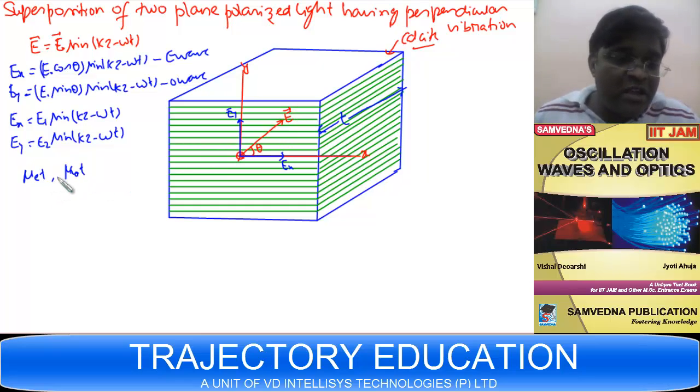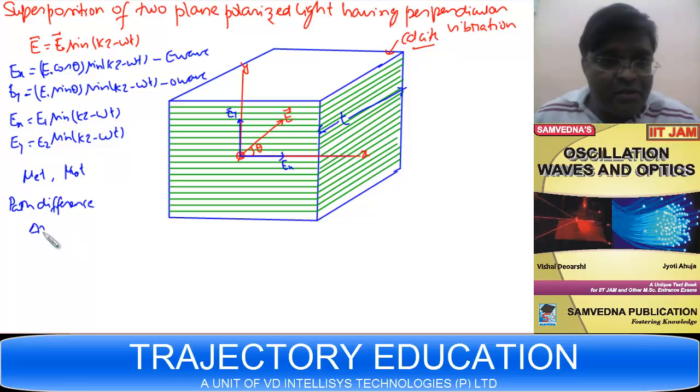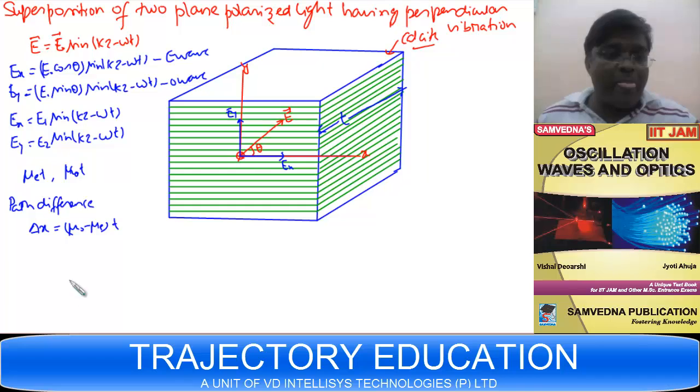Since I have taken calcite, mu O is higher than mu E. So when they emerge outside, they develop a path difference. This path difference is (mu O minus mu E) t.